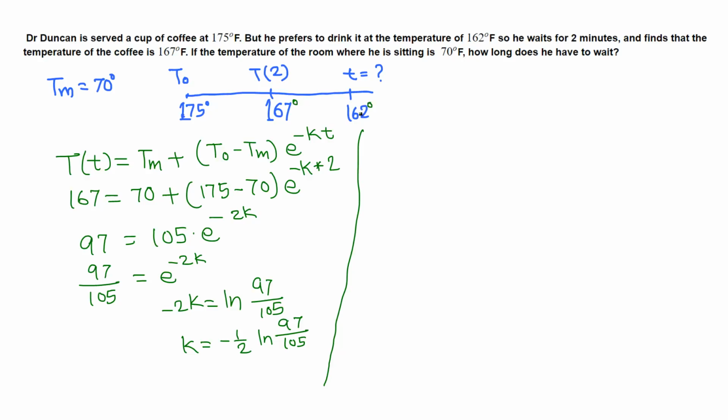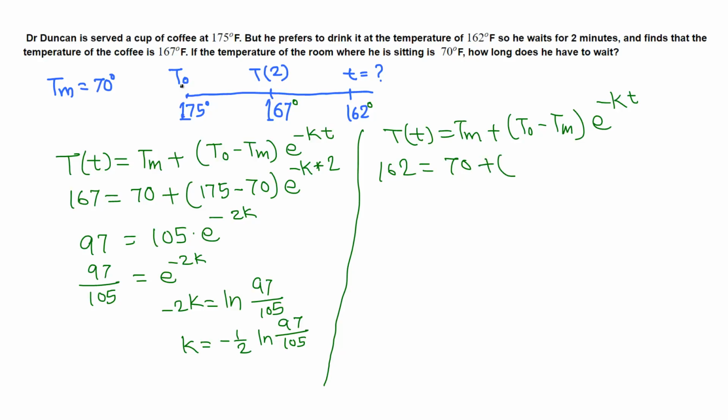Again we want to start from T naught, because we said T naught equals 175. Same formula, T is Tm plus T naught minus Tm times quantity e raised to negative kt. The temperature is 162 and the medium temperature here is 70 plus T naught is 175.